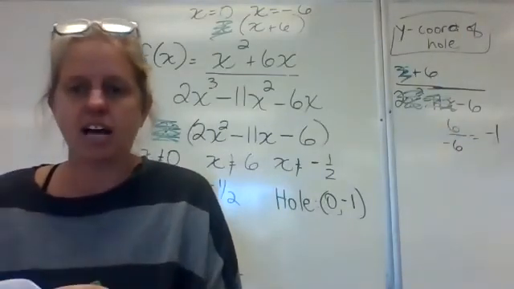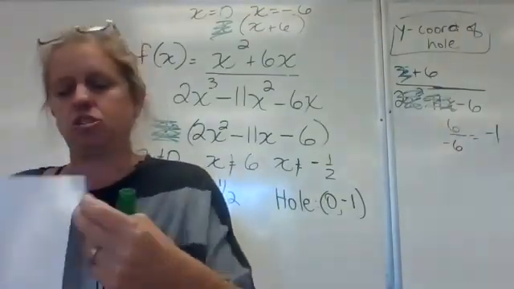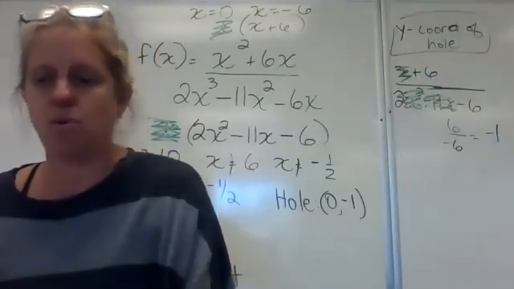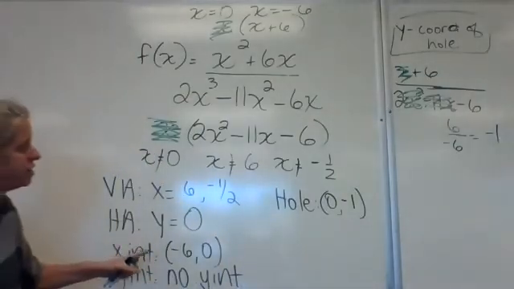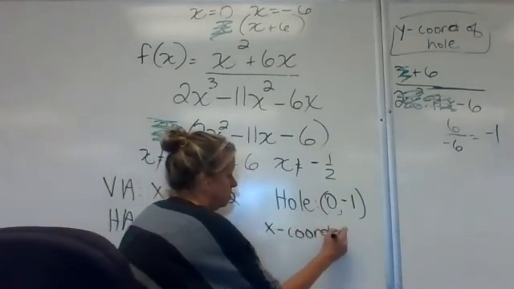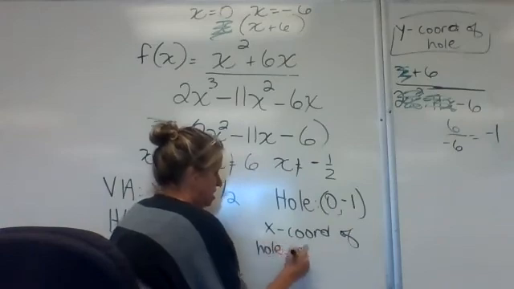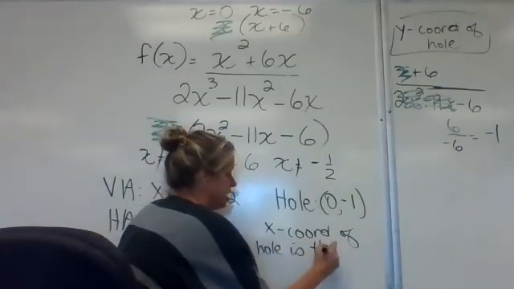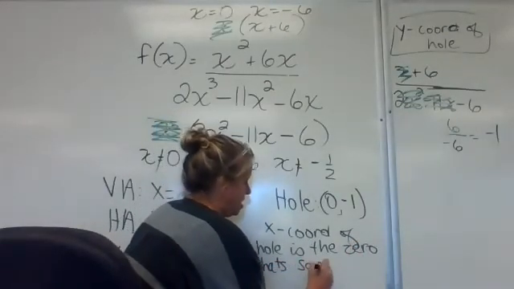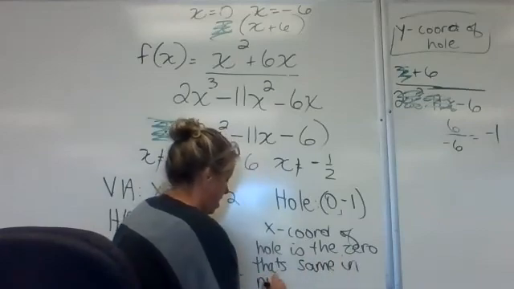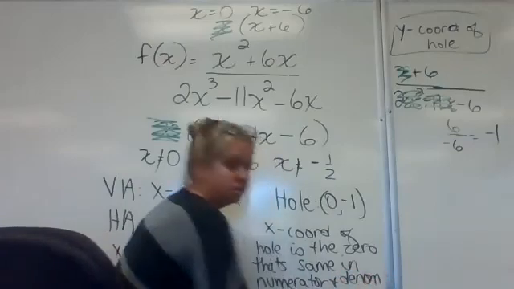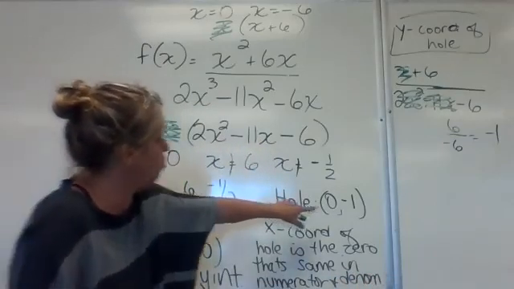So you may want to add those hole notes to be able to do number 18, to the notes for 8.5, okay? To find the hole, the x-coordinate of the hole is the 0 that's the same in the numerator and denominator. That gives you the x-coordinate of the hole.